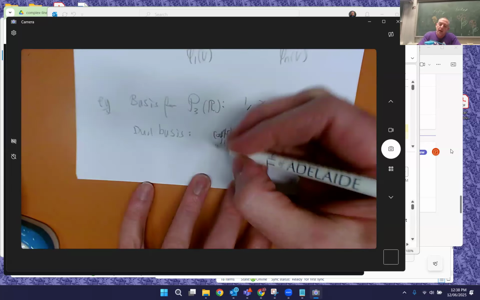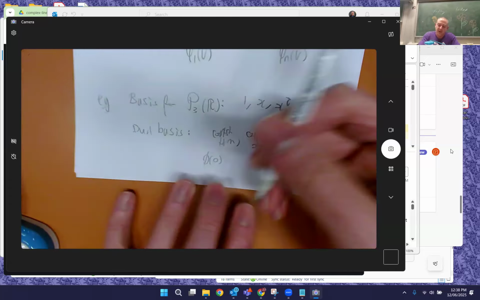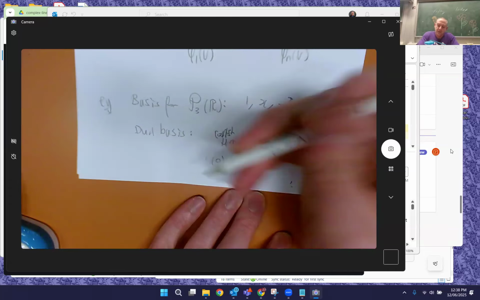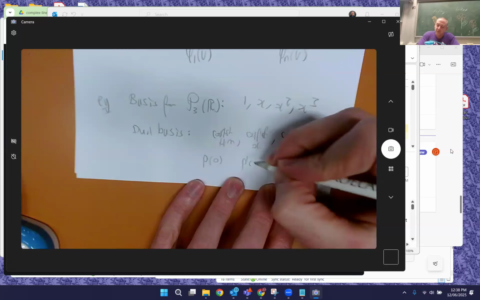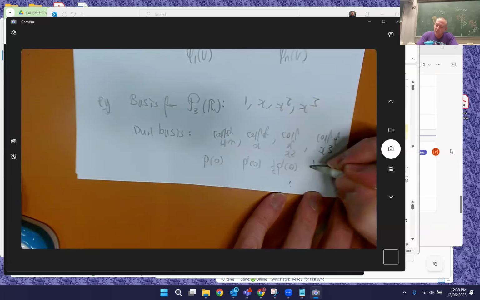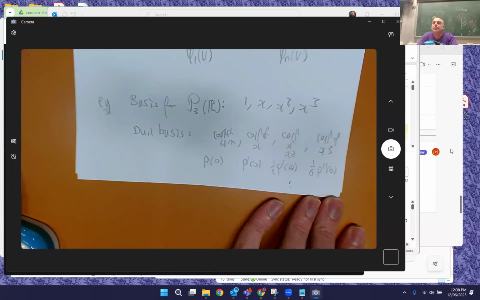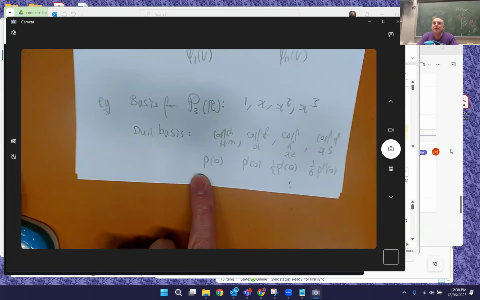This would be p of 0, right? This would be p dashed of 0. This would be p dashed of 0 divided by 2. And this would be p double dashed of 0 divided by 6. Because it's a Taylor series, right? That's the constant term in a Taylor series.